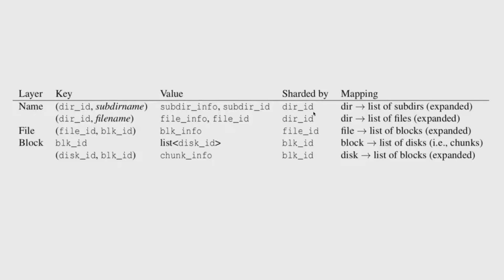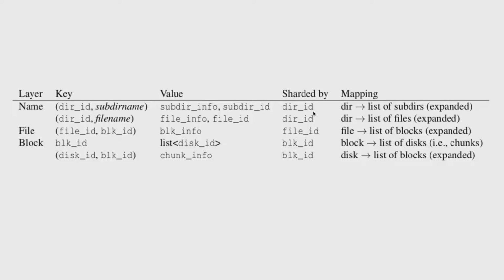This fine-grained partitioning scheme is there to avoid hotspots. They give an example of a data warehouse workload where related data is grouped into directories, and many files from the same directory may be read in a very short amount of time. In this case, that directory where all of the files are being requested becomes a hotspot.